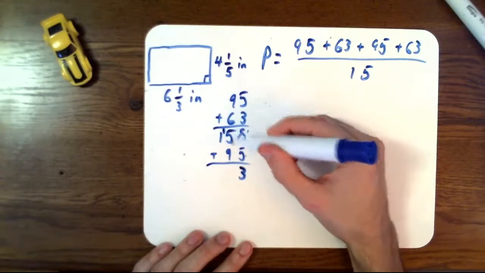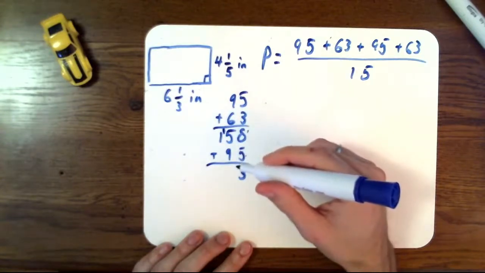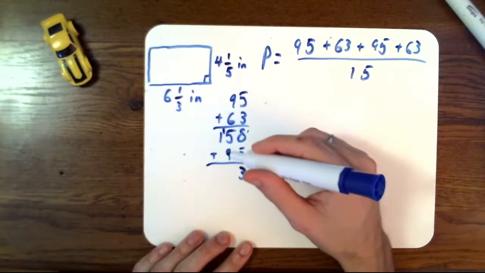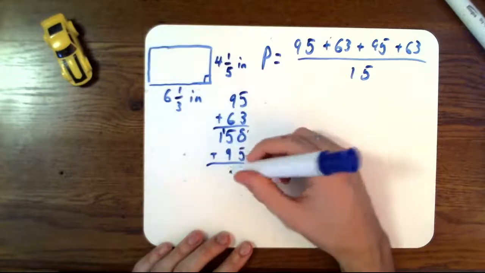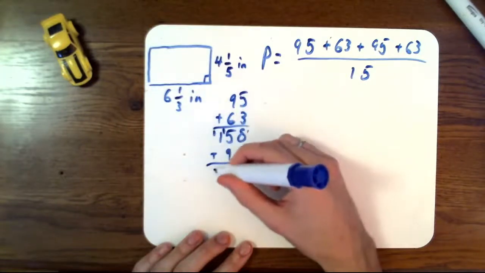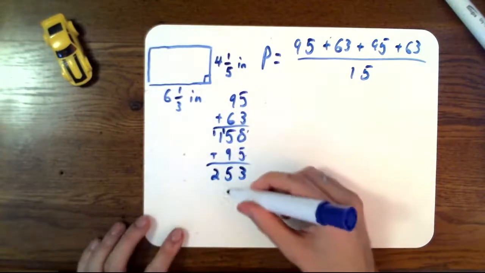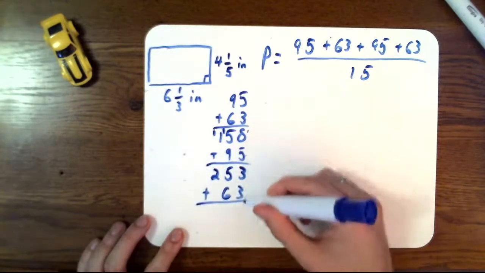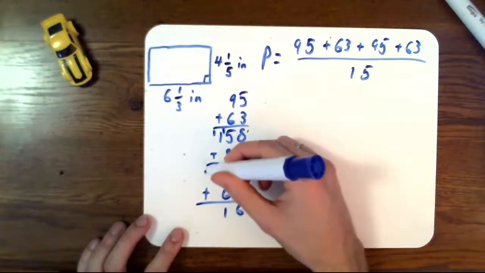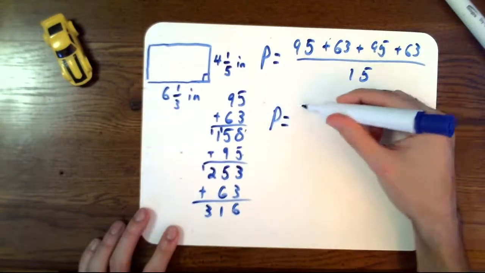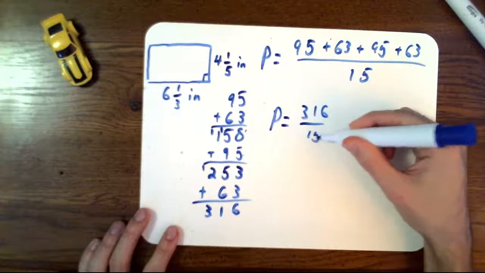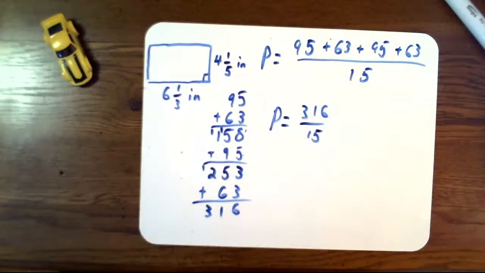Let's see, 6 plus 9, yeah, plus 1, that's a 2. 253, let's put the 63 on it. That's a 6, that's 3, 16. 316 over 15. So now we have an improper fraction.